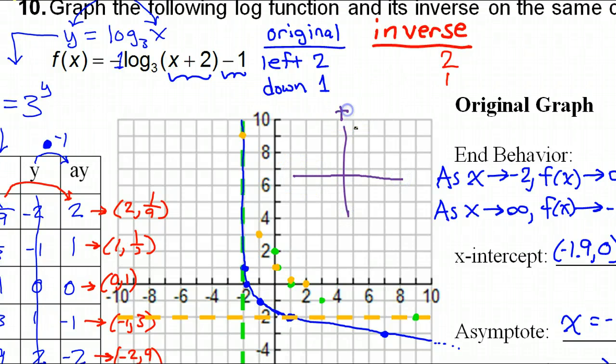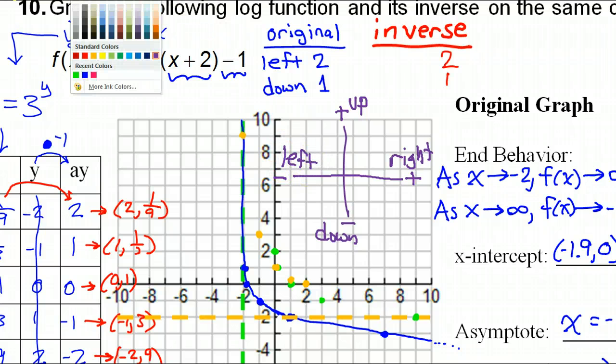This is the positive side of the y-axis, and this is the positive side of the x-axis. This is the negative side of the y-axis, and this is also the negative side of the x-axis. Now, of course, you know that this is up and this is right, and this is down, and this is left.